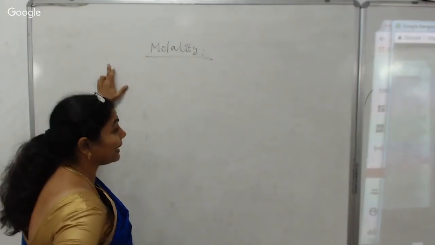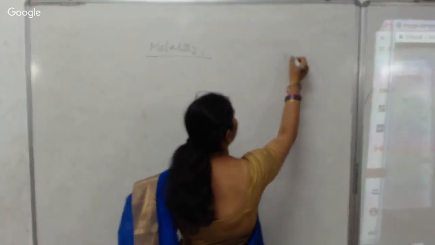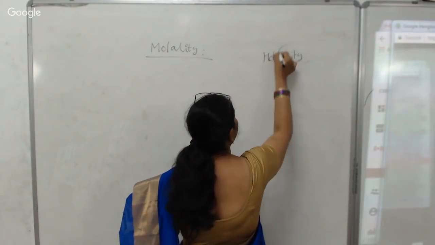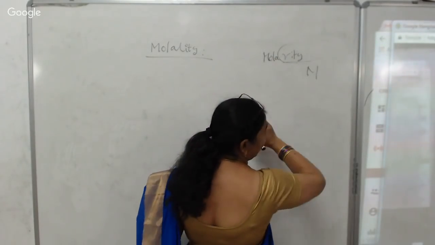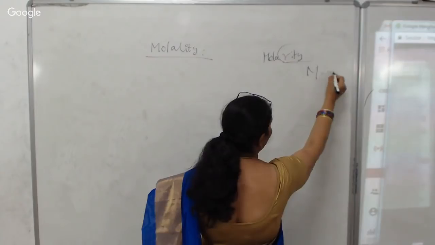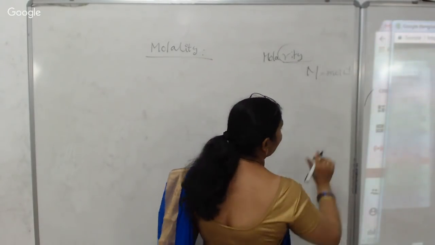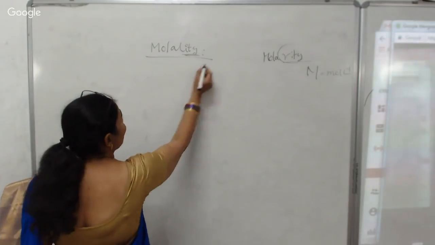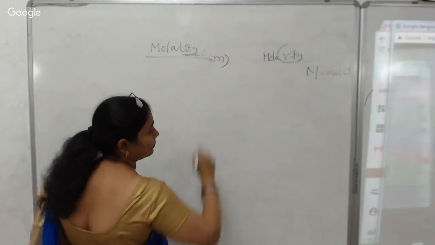Molarity, generally we will represent with capital M. Its unit is moles per liter. But molality, this is generally we will represent with small m.